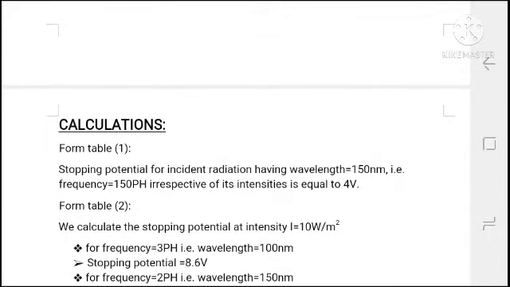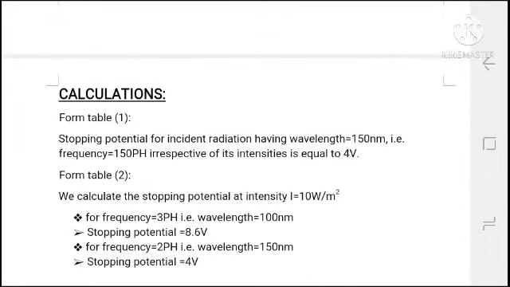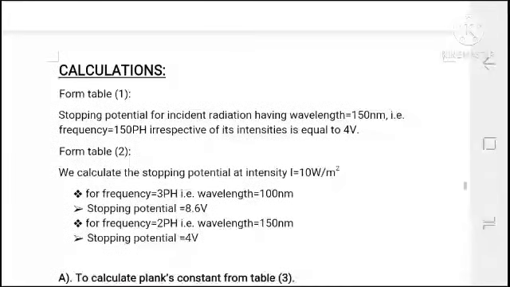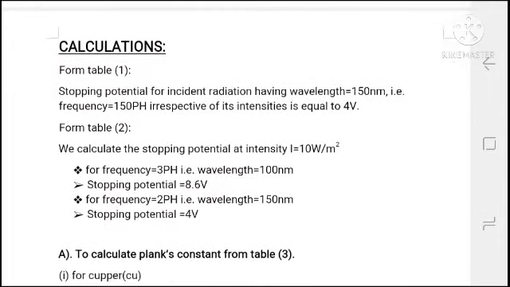Now the calculation part. All the calculation is done from the above observations. So we have to use the table from table 1 to obtain the stopping potential with respect to the given intensities.